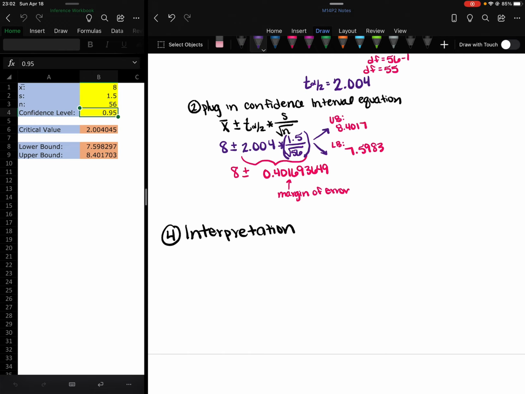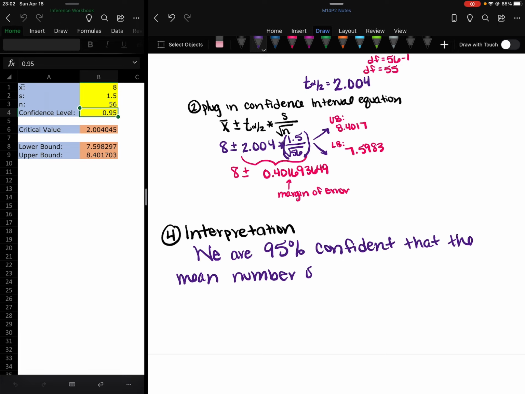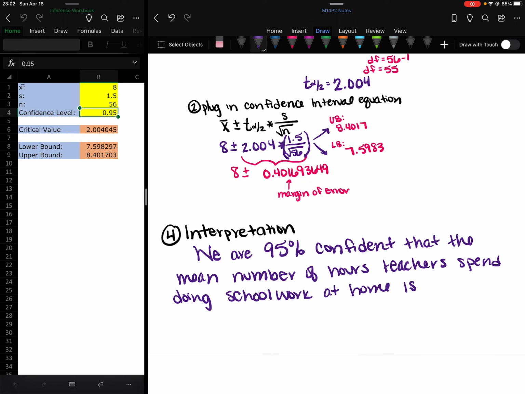So if I'm going to interpret this, I would say we are 95% confident, so restating our confidence, that the mean number of hours teachers spend doing schoolwork at home, so restating what it is we were looking at, is between 7.5983 and 8.4017 hours.